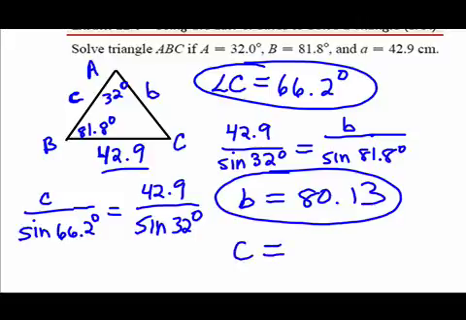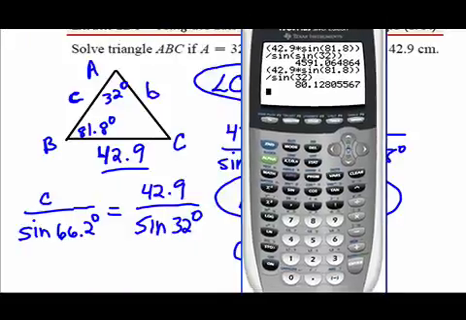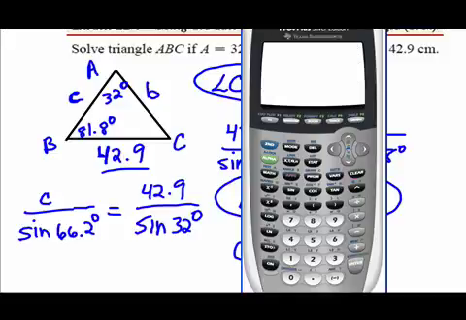So side C will equal 42.9 times the sine of 66.2, divided by the sine of 32. That gives 74.07.